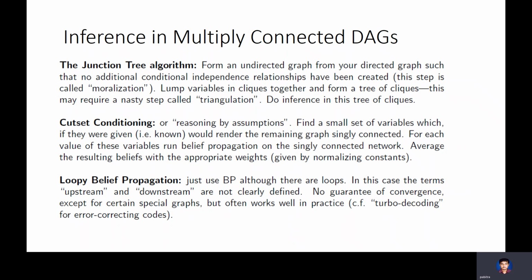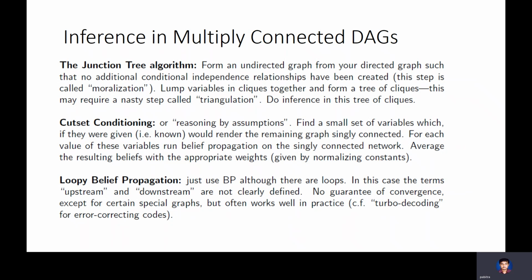So what you do is assume that it's singly connected and carry on with your belief propagation as before, but in a loop. You do it over iterations. You do it once, again do it once, in a loop, the belief propagation, with the hope that this will converge to a value after some iterations. There is no guarantee of convergence except for certain special graphs, but it works well in practice.